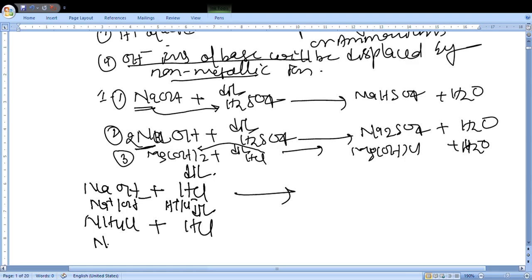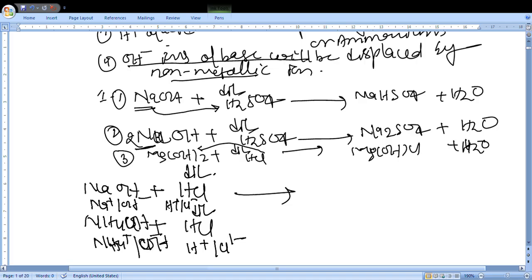NH4OH has NH4 positive plus OH negative, and dilute HCl will have one H positive and one Cl negative. What does it mean? I'm saying that you displace H positive by metallic ion, and OH negative by non-metallic ion.